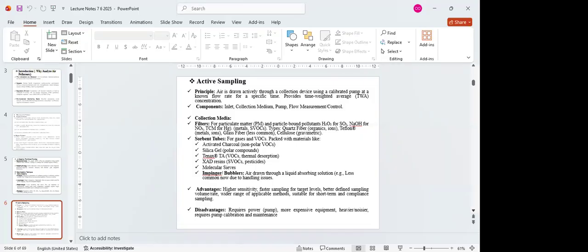We have to talk about the location, the time, and the duration you are deploying this. So this provides a time-weighted average, which of course affects concentration. It is concentration per time per period of deployment.